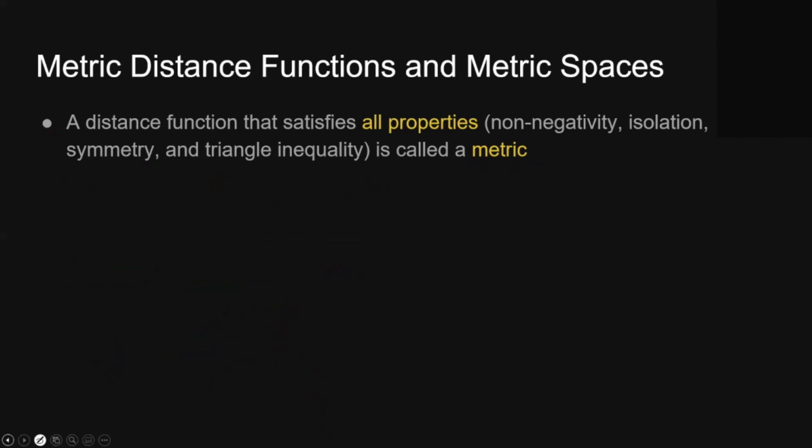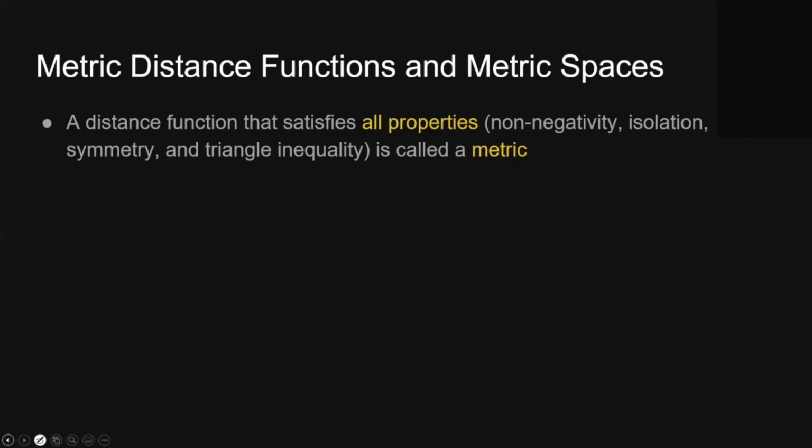Now your job, based on all those properties, is to come up with a function. You need to do two things. One is to find a function that resembles your notion of similarity, and then make sure that the function actually satisfies all these four properties. That's usually the job of a data scientist.